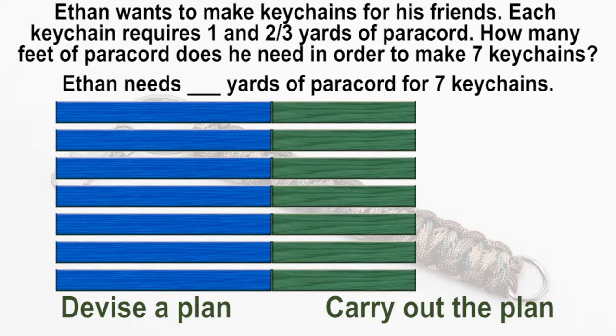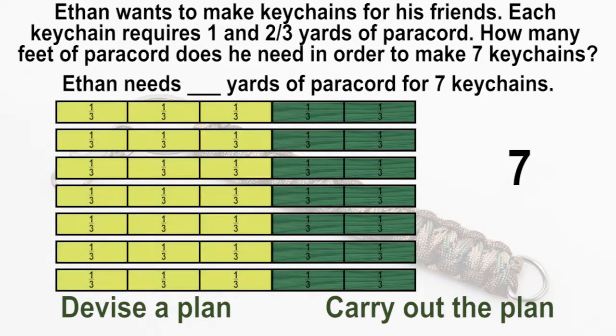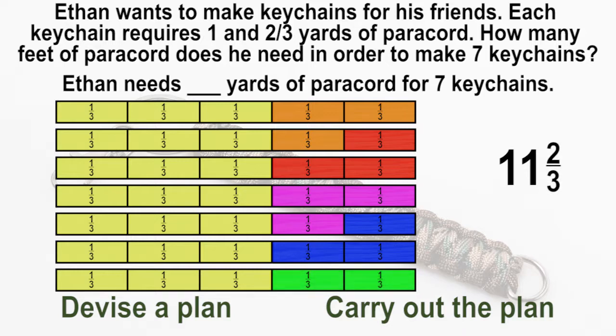Using what we already know about fractions, let's regroup the thirds. We can use 3/3 to make a whole, and regrouping the blocks will make it easier for us to count the total length. Now, how many whole yards of paracord are there? Counting them all, there are the original 7, then 8, 9, 10, 11, and 2/3 of a yard more.